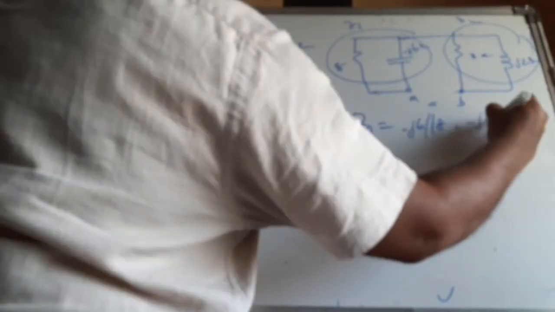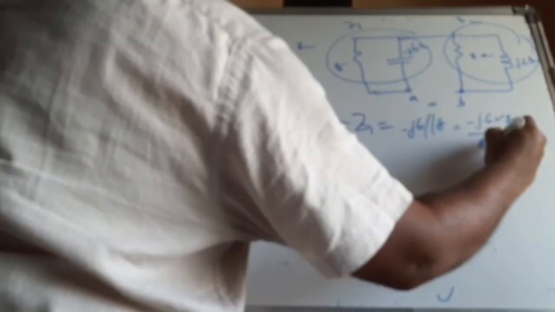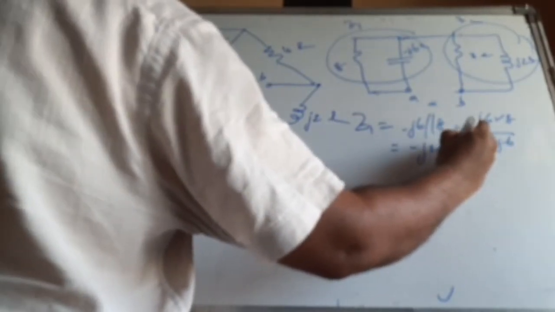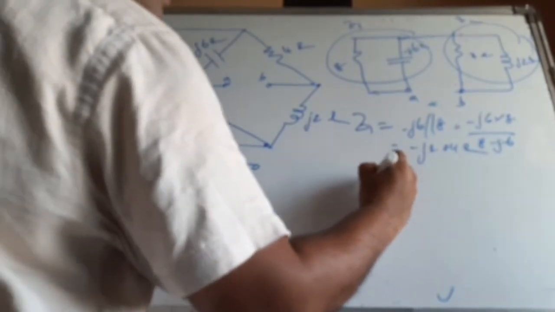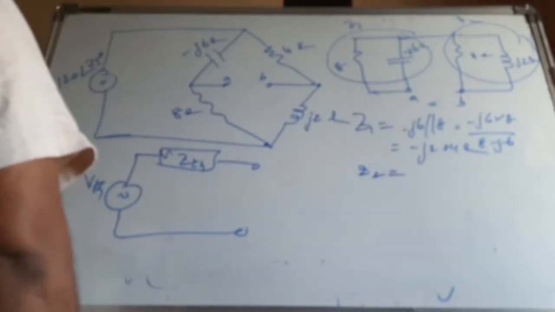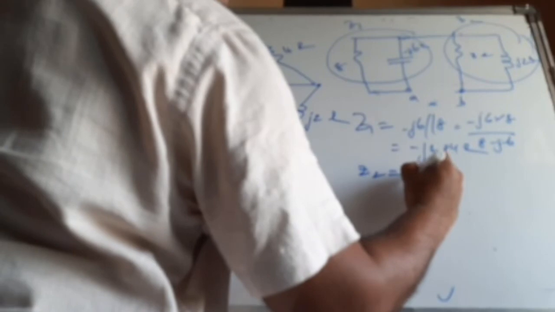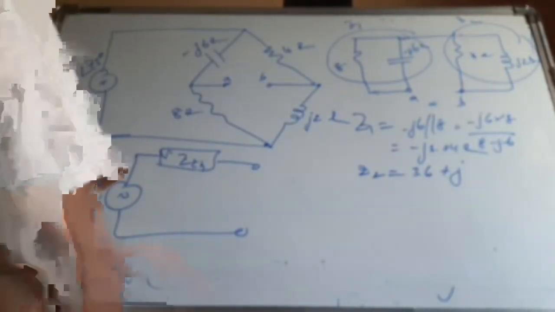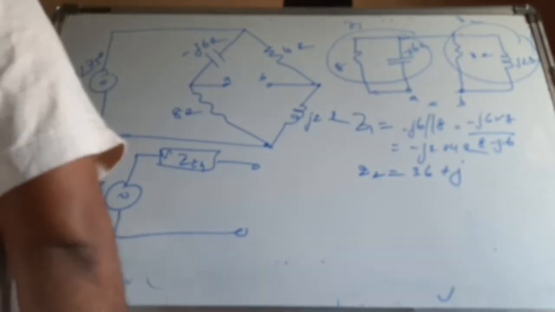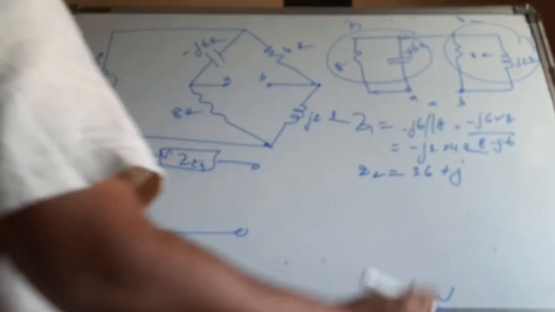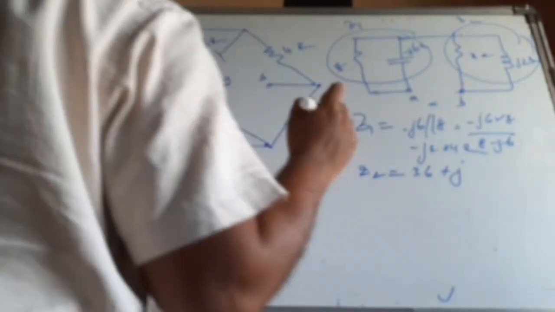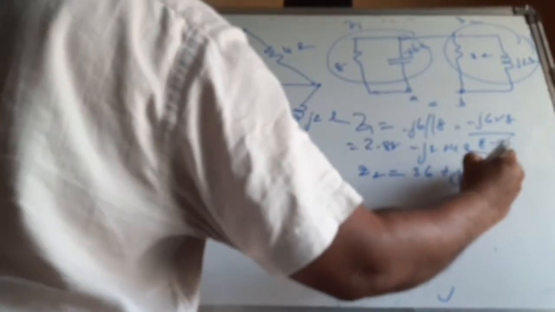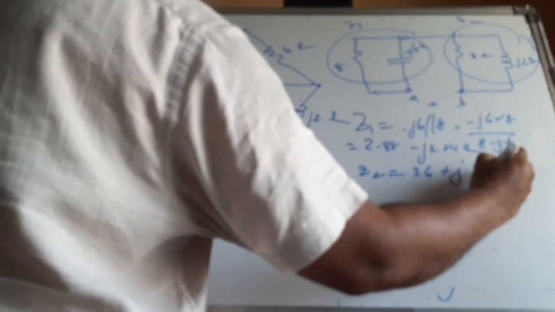The final answer is 3.84. Similarly, Z2 is equal to 3.6 plus j1.2 ohms.